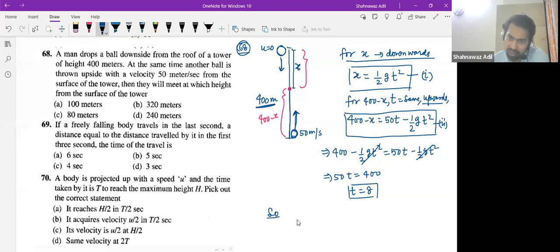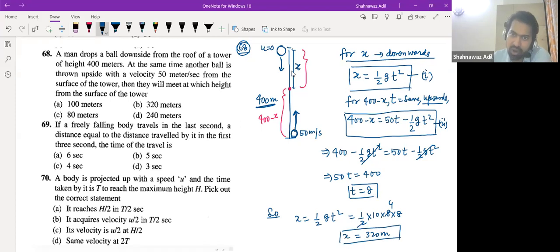So x is half g t square, which is half into 10 into 8 into 8. So this is 4, so this is 320 meters. So this object has traveled 320 meters.